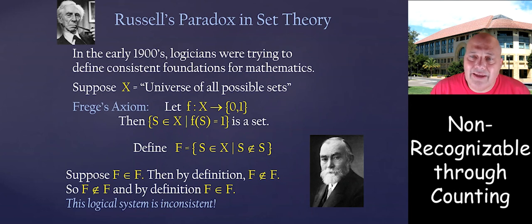This naive way of defining the universe of all possible sets and how sets can be defined reaches a contradiction, reaches a paradox. So this logical system is inconsistent, and we will discuss this issue of logical systems and whether they can be consistent and what's the price to pay.